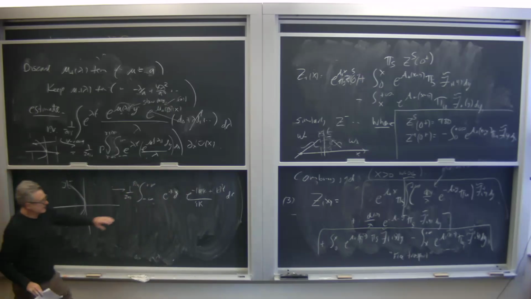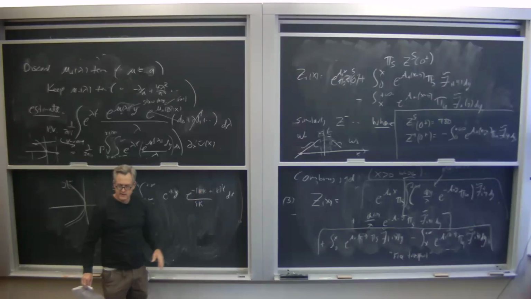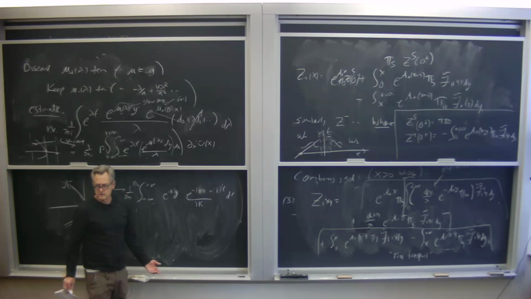And if I didn't have the 1 over ik, this would be a heat kernel. I have a 1 over ik, so what does that do? It's like integration. I'm integrating a heat kernel. And I get a Heaviside function. Not a Heaviside function, I get an error function.